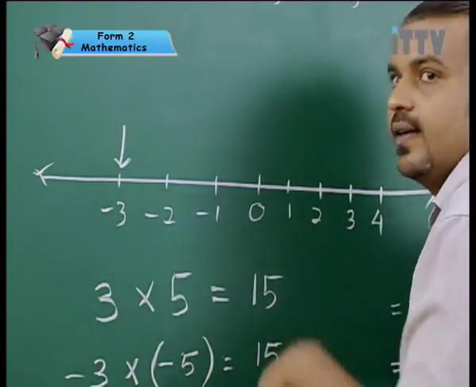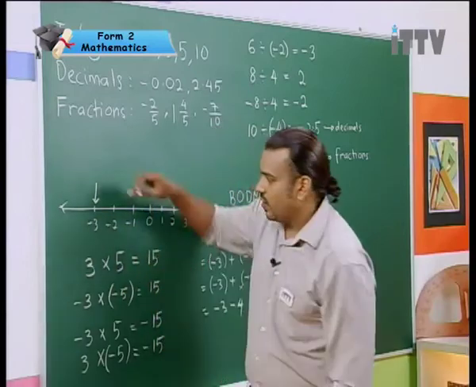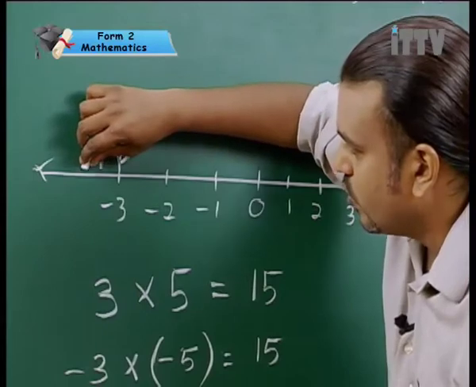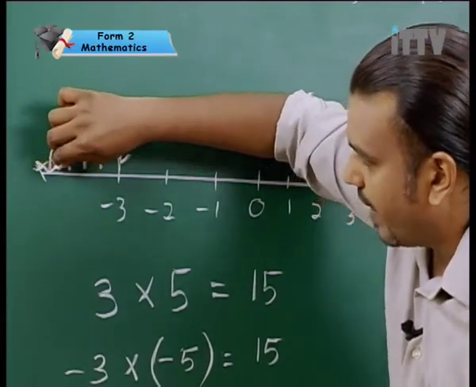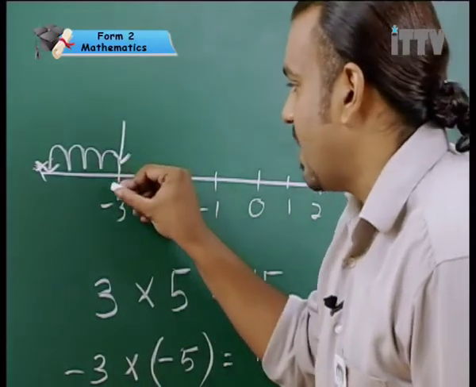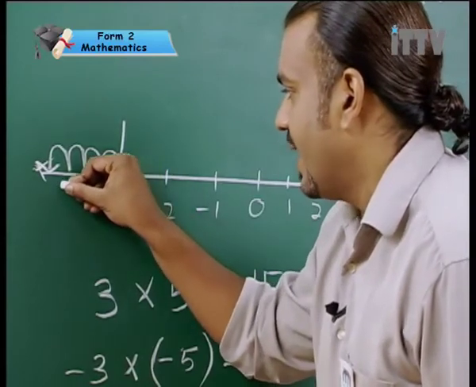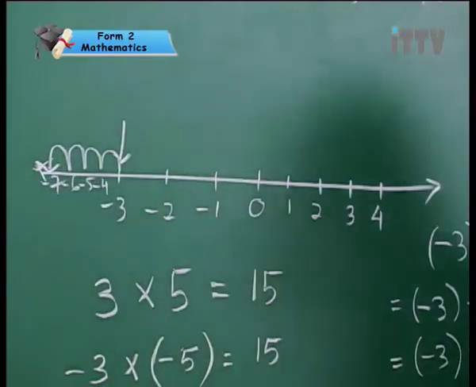Remember again, subtraction move to the left, addition move to the right. What are we doing? Subtracting. So -3 minus 4, let's move 4 steps. 1, 2, 3, 4. So I'm here now. If this is -3, then this number here should be -4, -5, -6, -7, right?